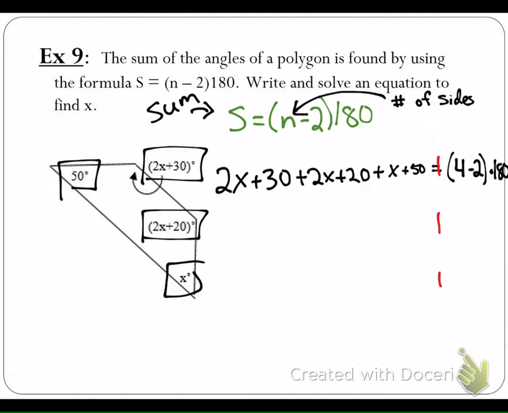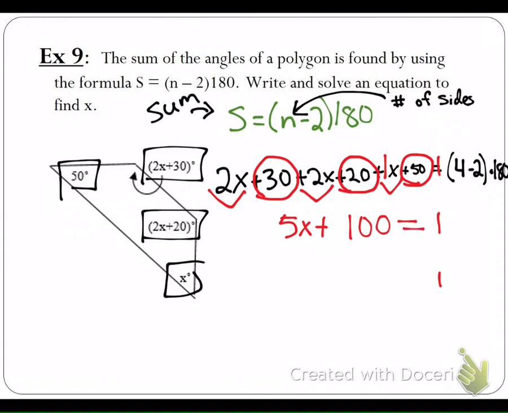All right, let's do it. So we have 2x plus 2x plus 1x. That's how many x's? 5x. Good. So I have 5x plus 30, 20, 50, 100 equals, well, here I can subtract because it's in parentheses.